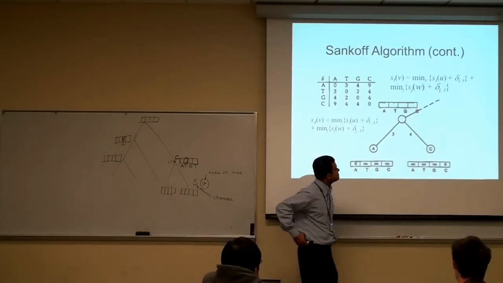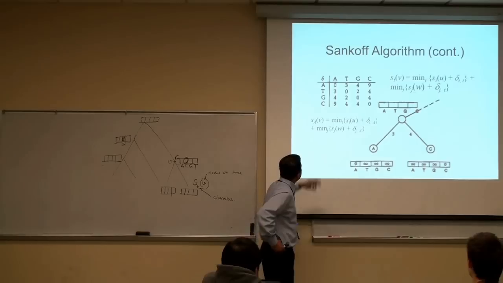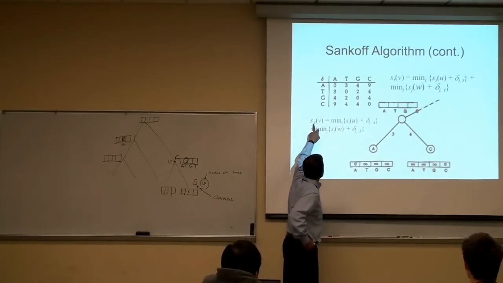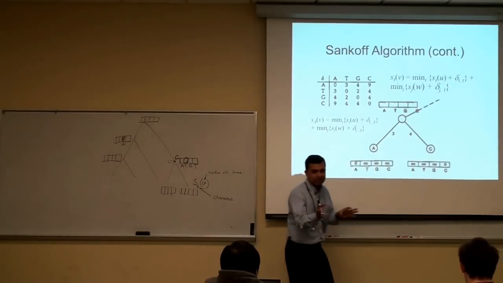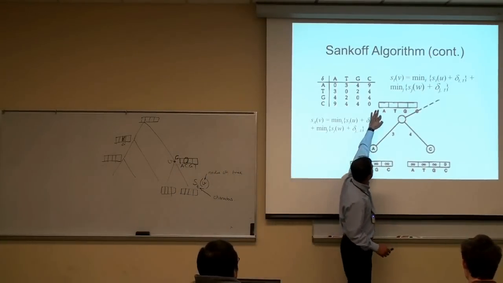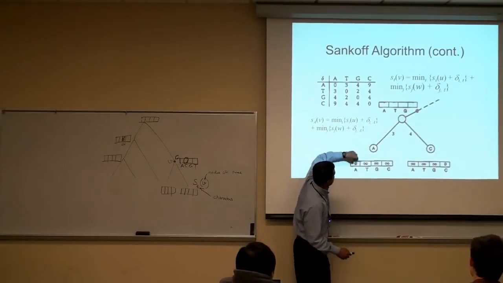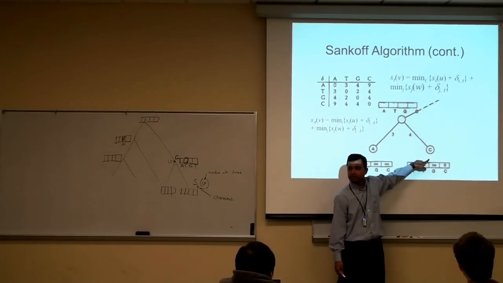Because if you choose A, then the cost to go to C is 9, right? And so that's worse than choosing T. Right. But no, here I was discussing what happens when you place an A, and this is not relevant to that. This is relevant to the correct answer finally. If you put an A here, then you're going to pay 0 for this part. You're going to pay infinity for this part.